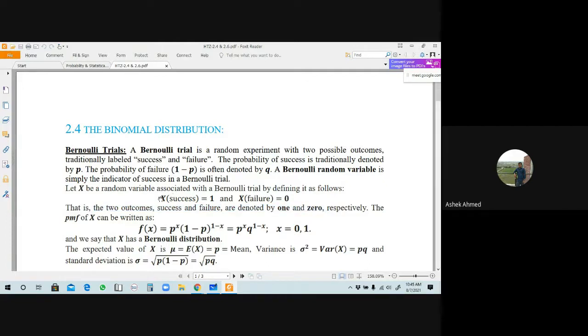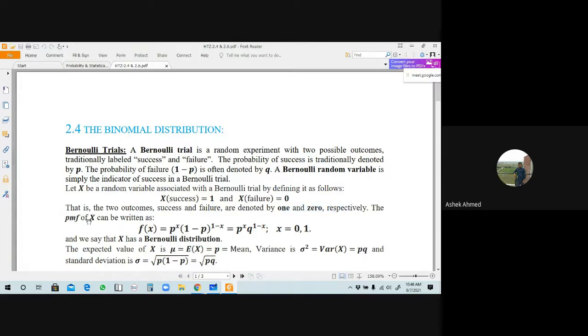When the value of the random variable X is 1, the outcome of the experiment will be success, and when the value of X is 0, the outcome of the experiment will be failure. Do you understand this line? Respond to me. Yes, sir. So if the outcome is success, the corresponding value of X is denoted as 1, and if it is 0, that will be for failure.